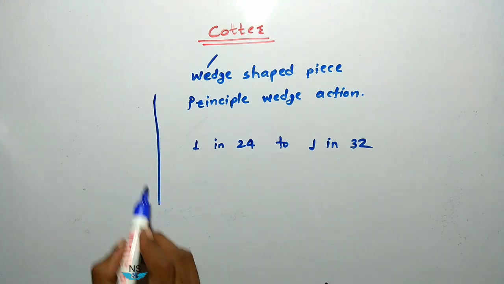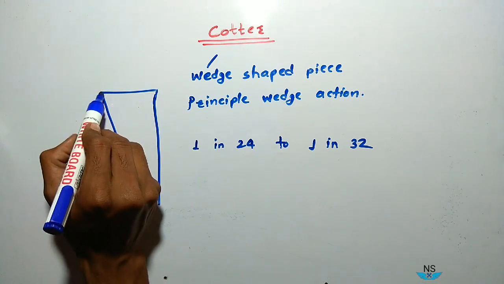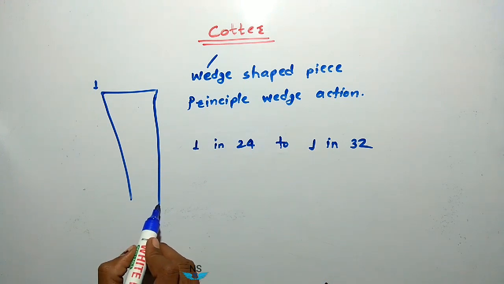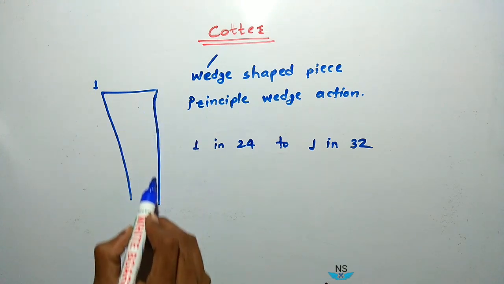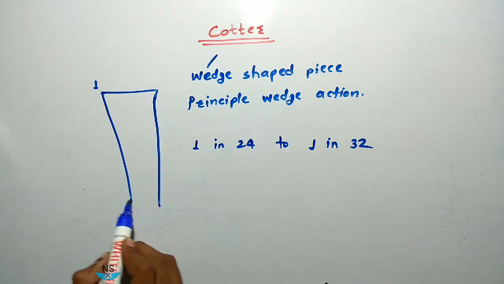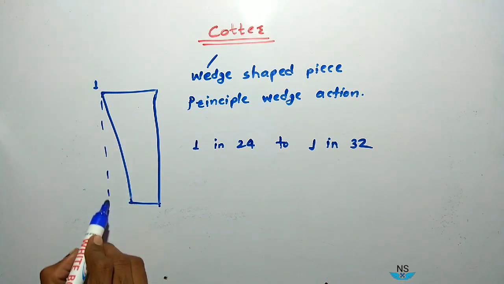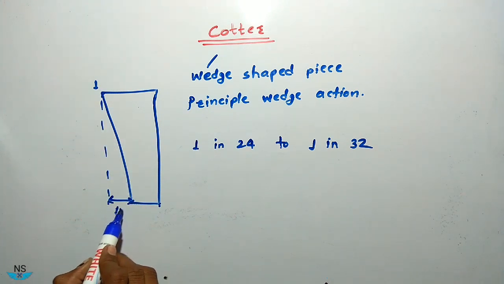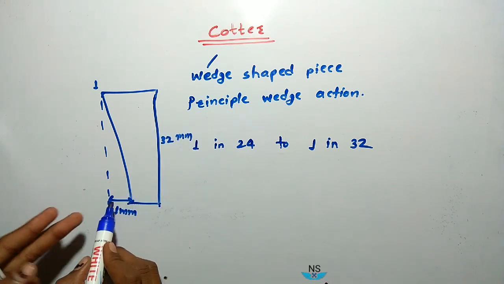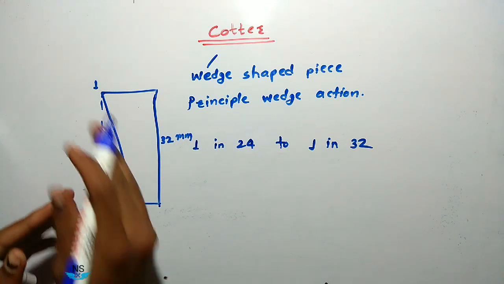It means after 32 mm length, 1 mm width is decreased.